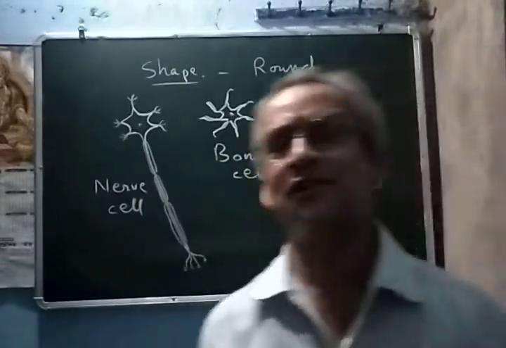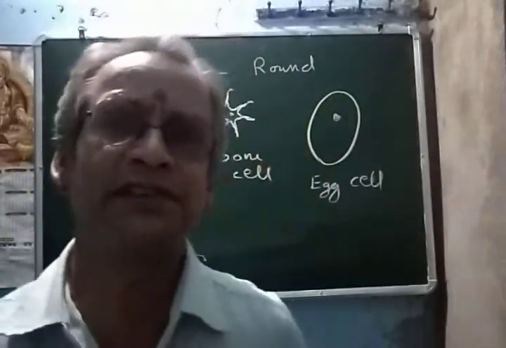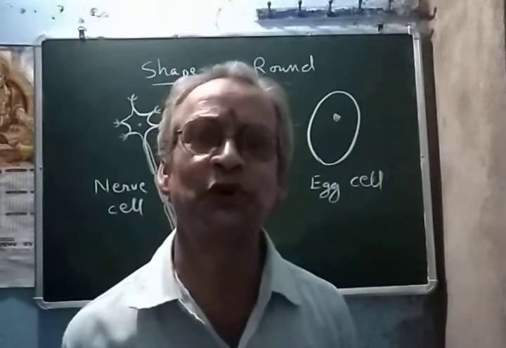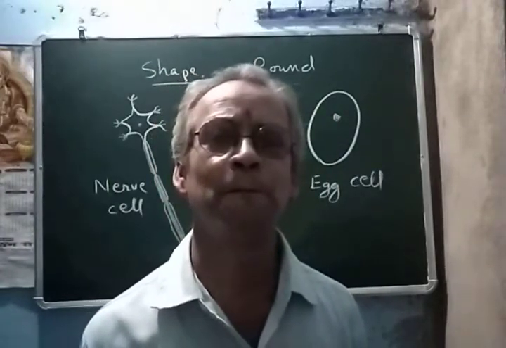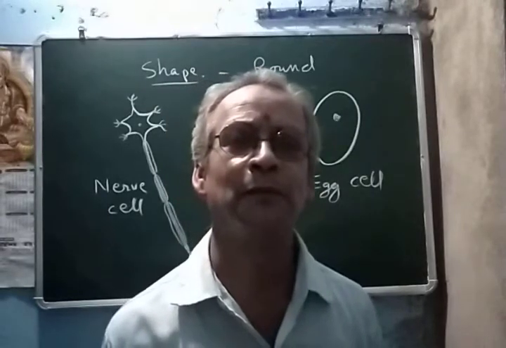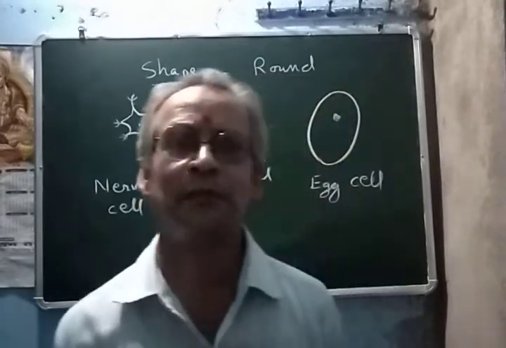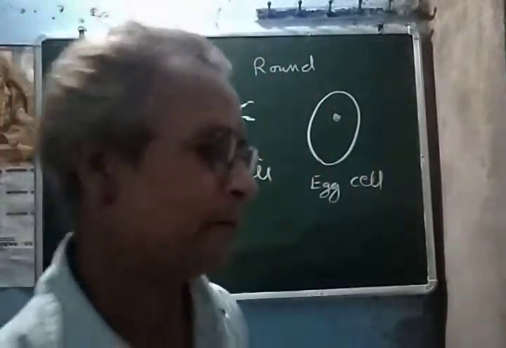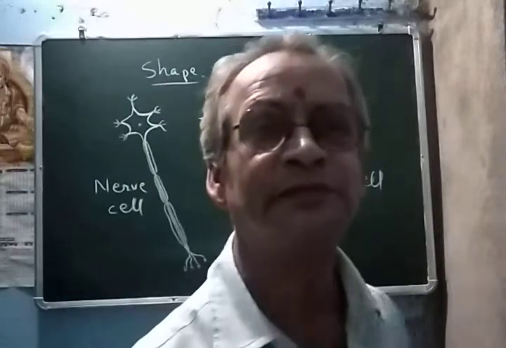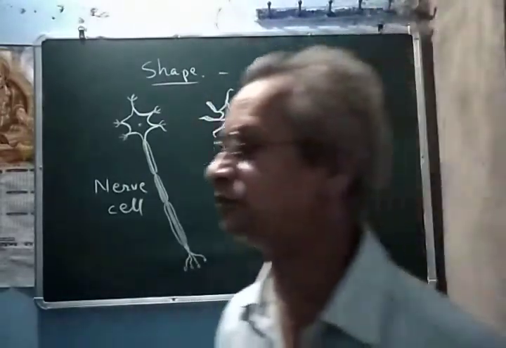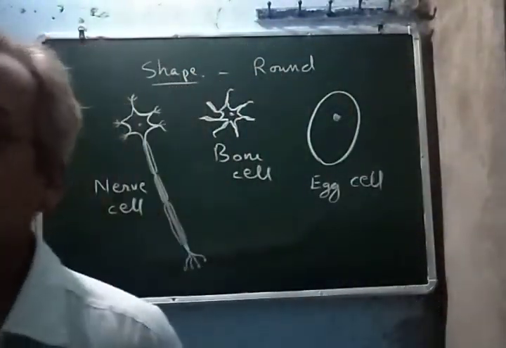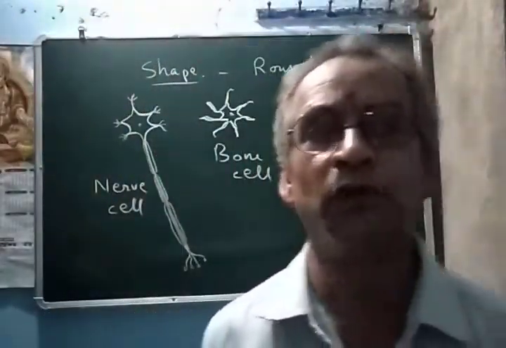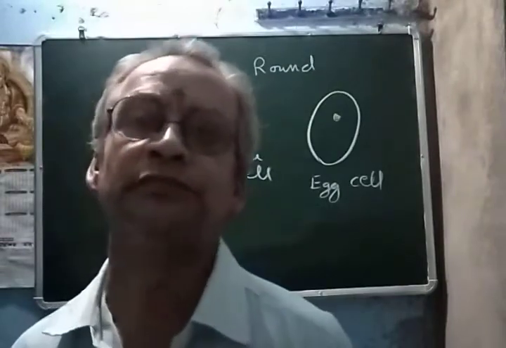The size of a cell is so minute or so small that it cannot be seen by the direct eye. These are seen with the help of a microscope.